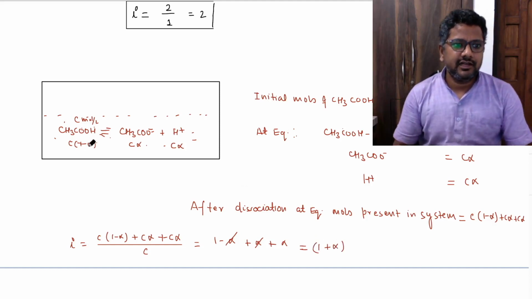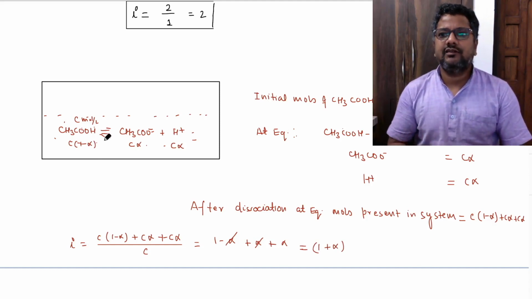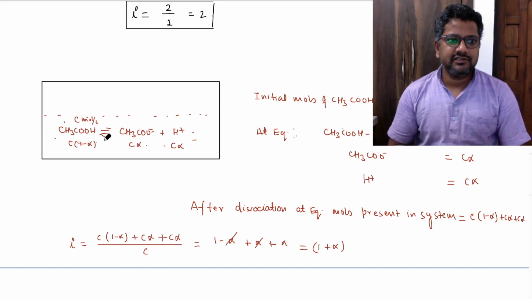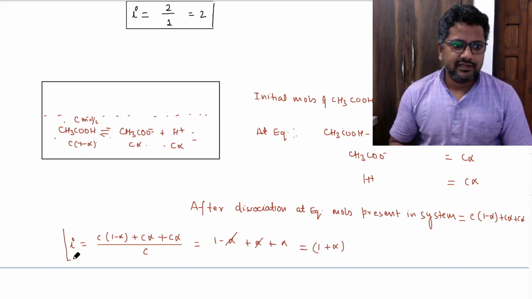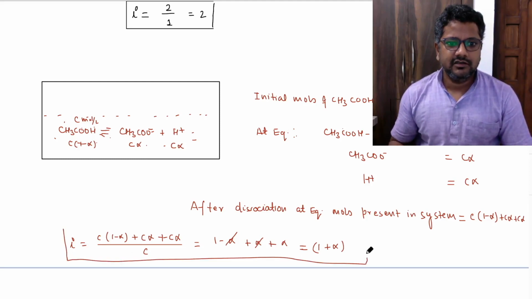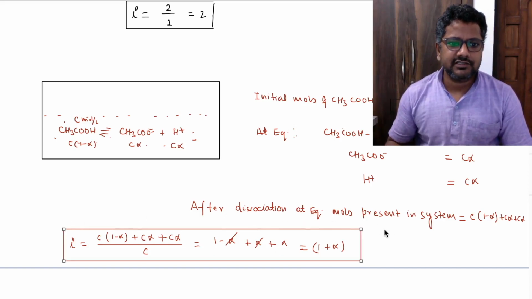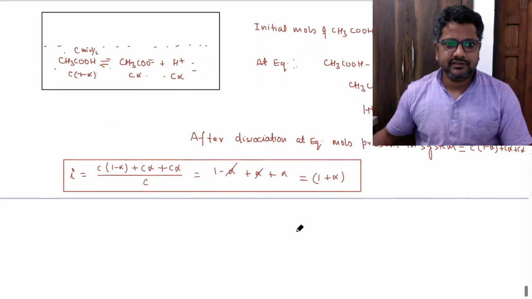Alpha is called the degree of dissociation. All of you know that the degree of dissociation is the fraction of moles that gets dissociated, right? So in this way you can calculate the value of i.